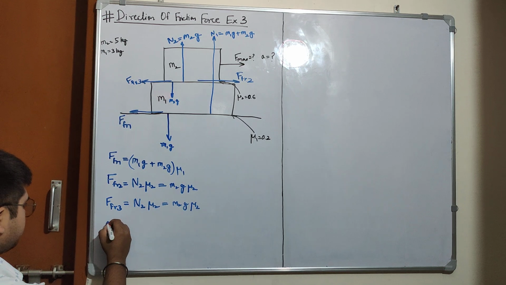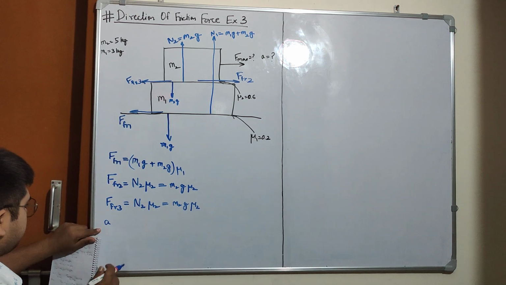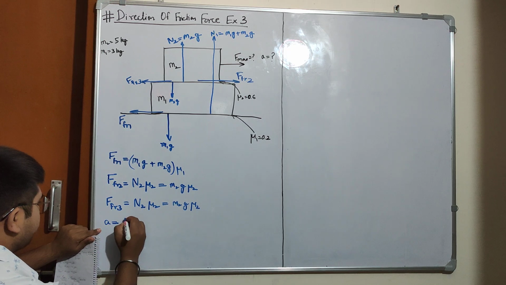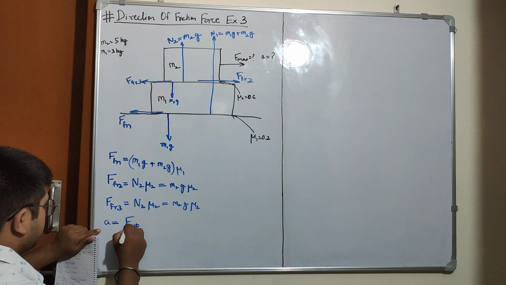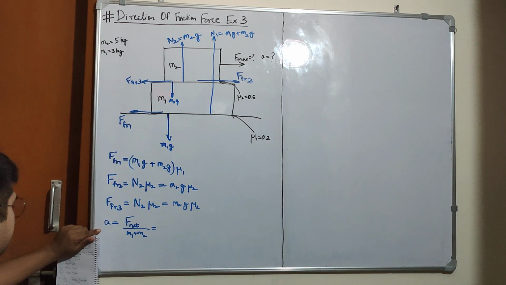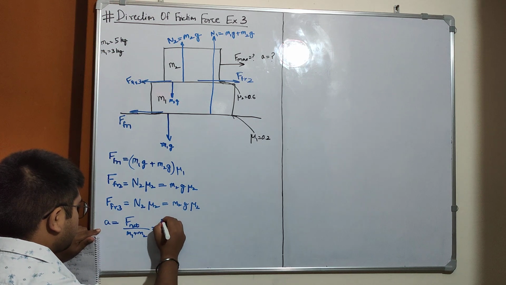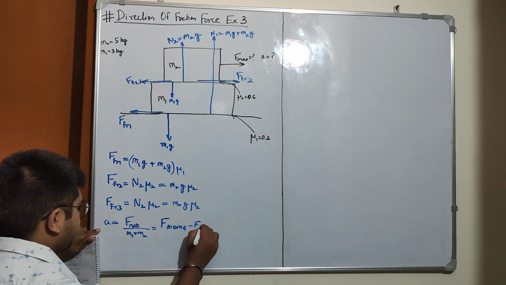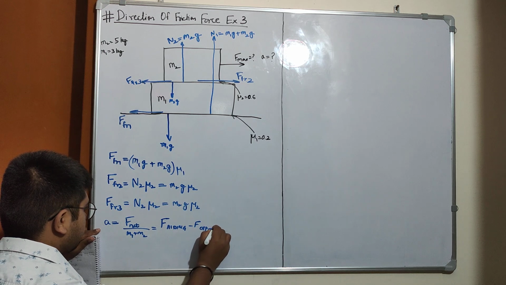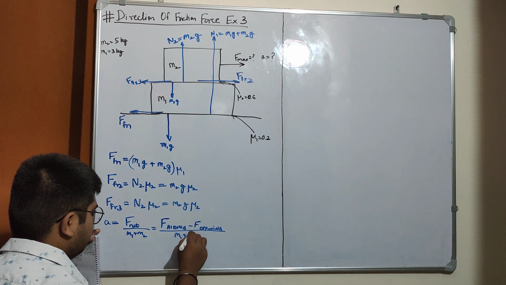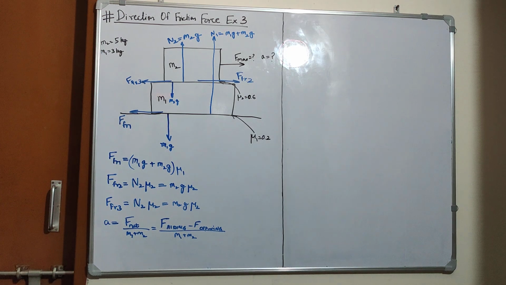Acceleration equals F net by m1 plus m2, which is equal to F aiding minus F opposing, as we all know, divided by m1 plus m2.